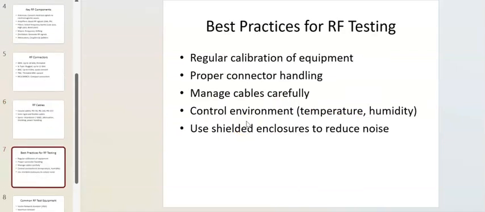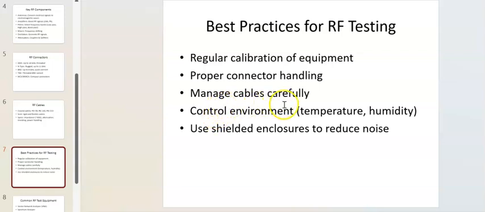Best practices for RF testing: before connecting to the component, first we have to ensure that regular calibration of the equipment is there or not. Also proper connector handling, so all the connectors are connected well, and managing the cables carefully.